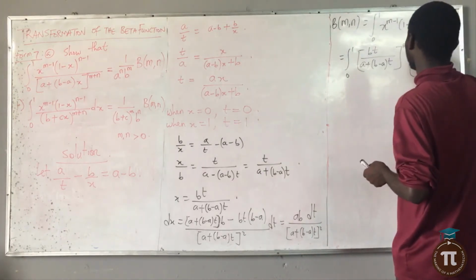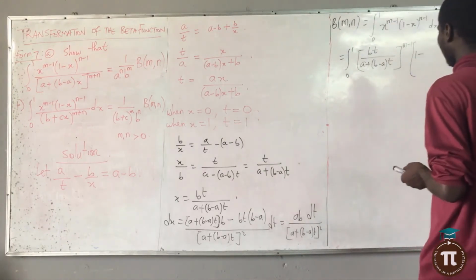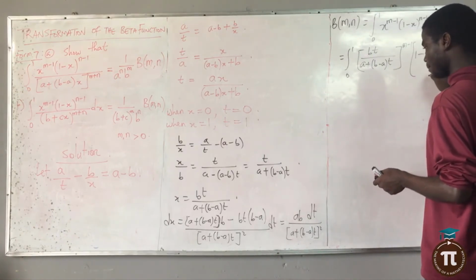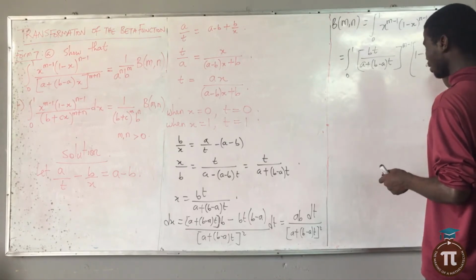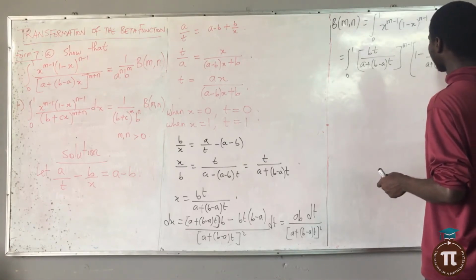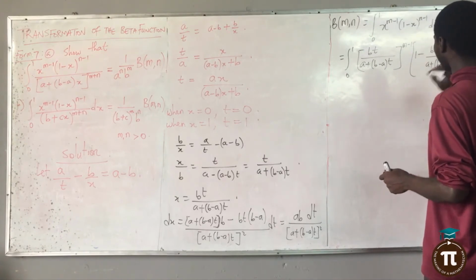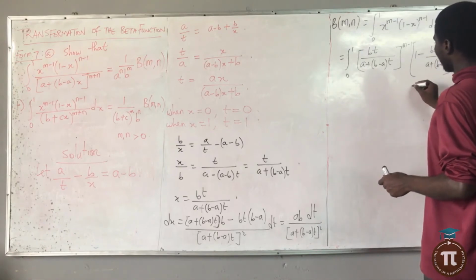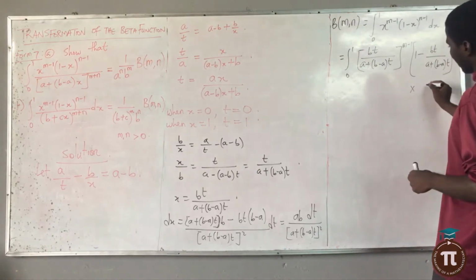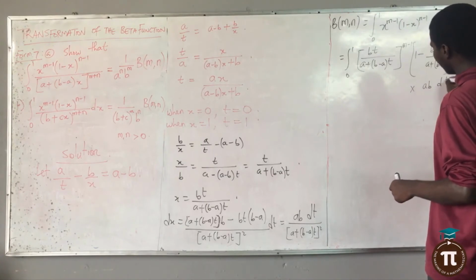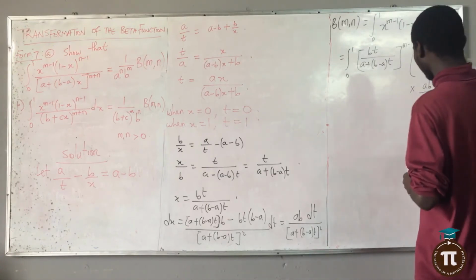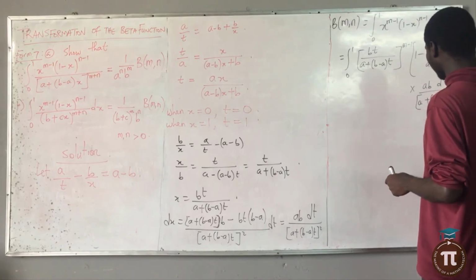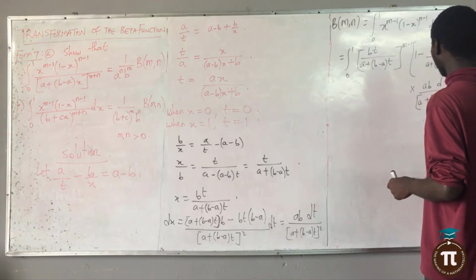Then I have 1 minus s, that is 1 minus bt all over a plus b minus at, everything raised to the power of n minus 1, then multiplied by ds. ds is also ab dt, all over a plus b minus at all squared.